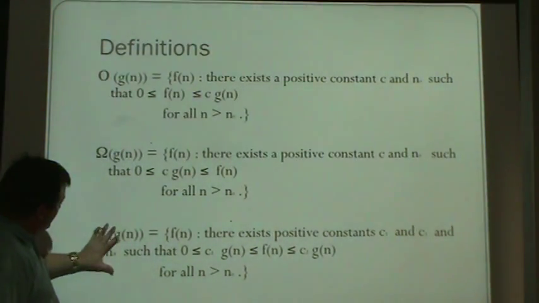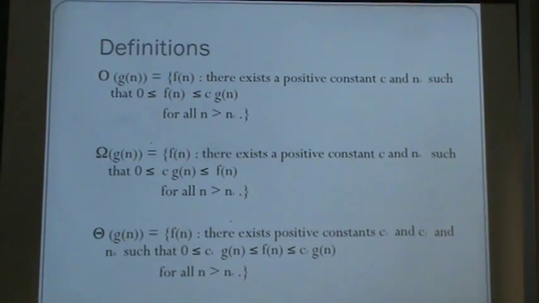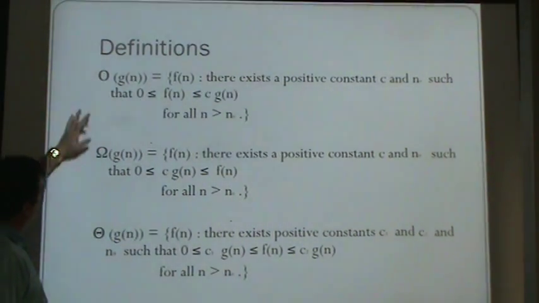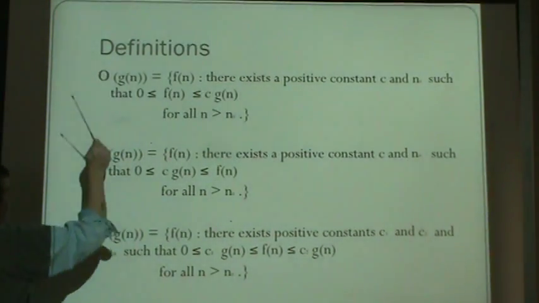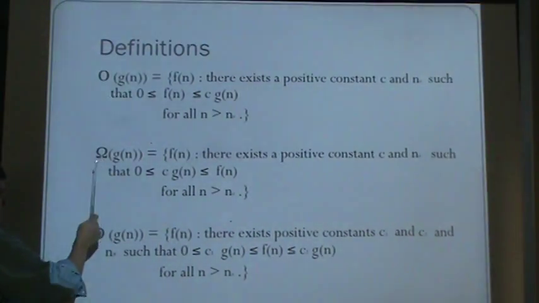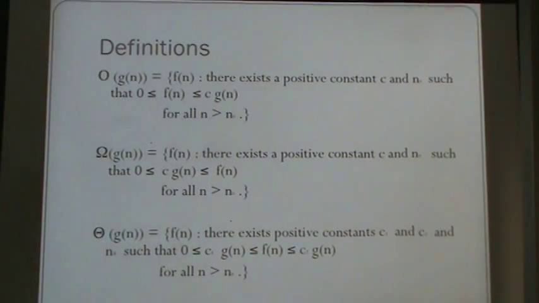And if you happen to come up with a function that does both, we can combine them. This is theta: if both of these are true, then theta is true. Next class, we're going to talk about big O notation, and then theta and omega.